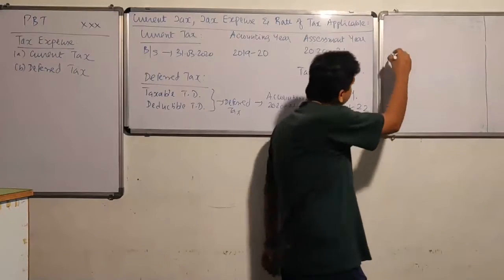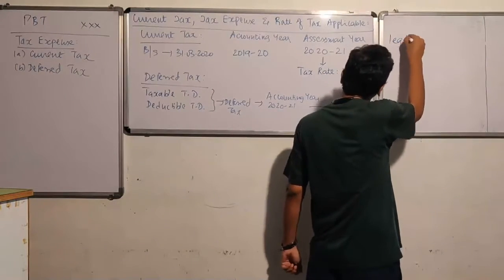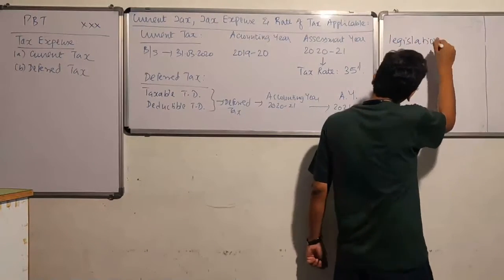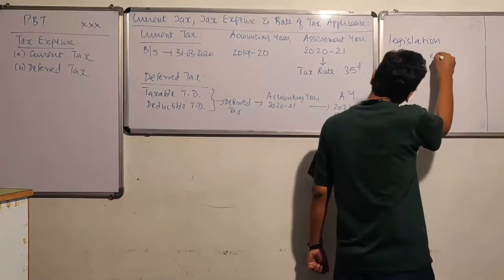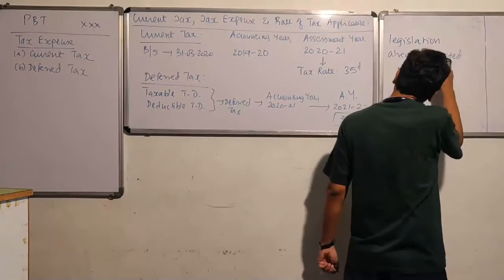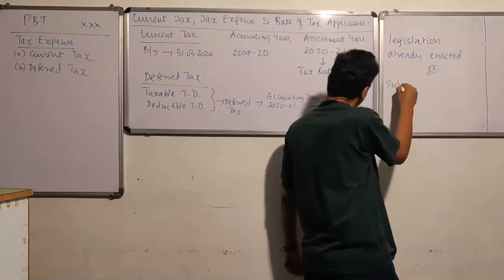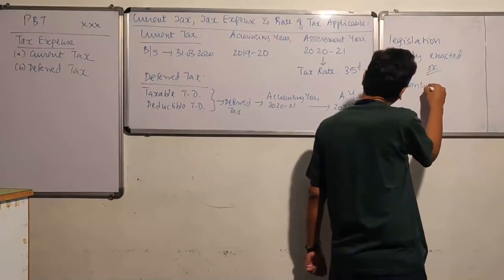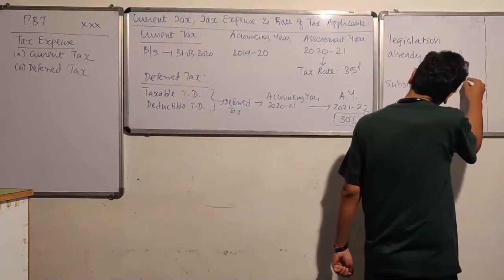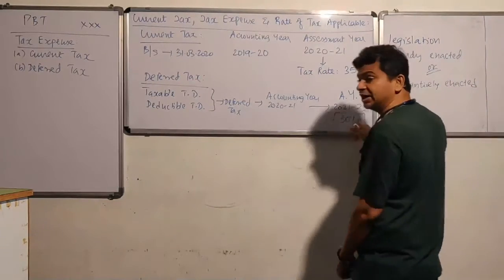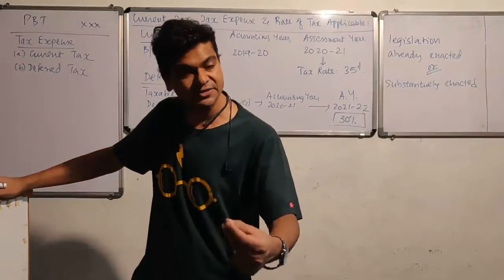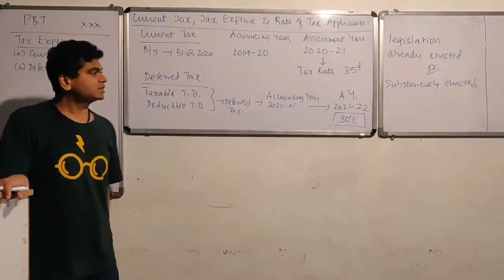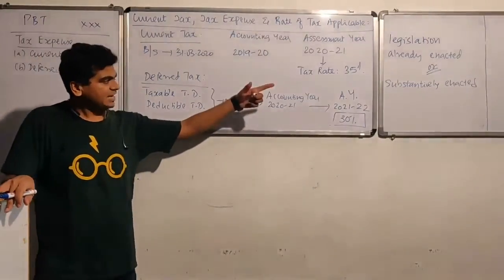Here we have a concept known as legislation already enacted or substantively enacted. This is the concept that we are supposed to use at the time of selecting the tax rate applicable for the deferred taxes. So, is the legislation already enacted or substantively enacted?